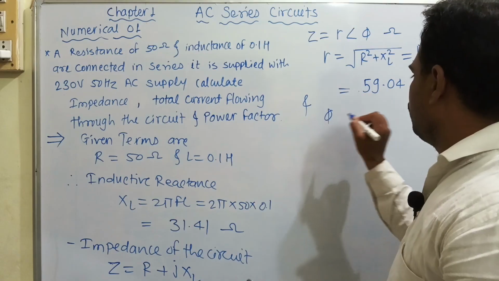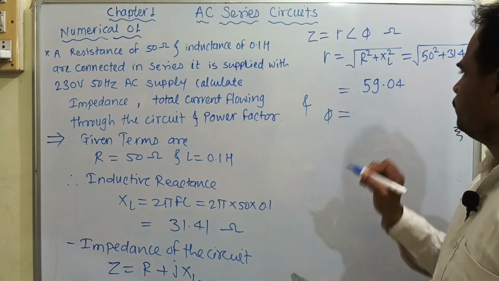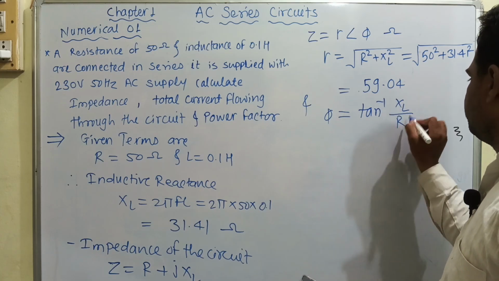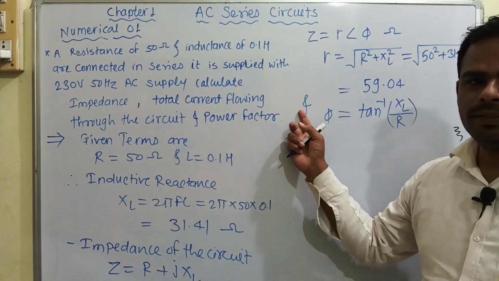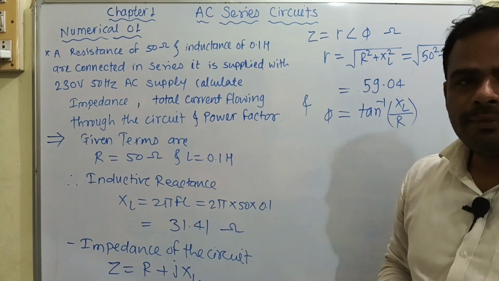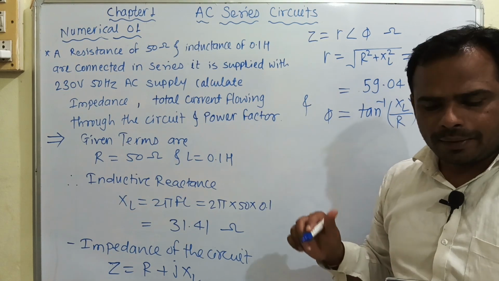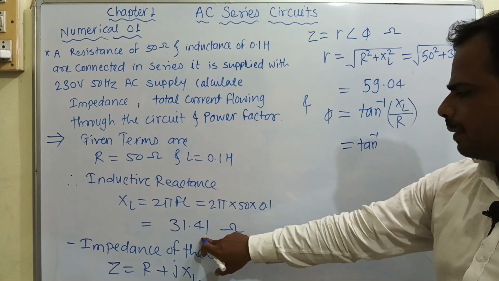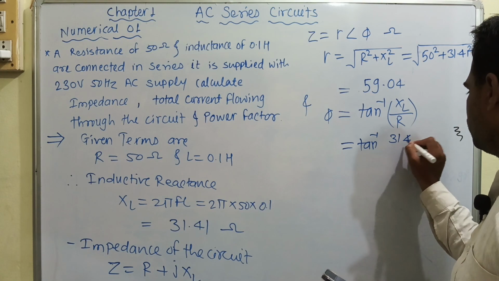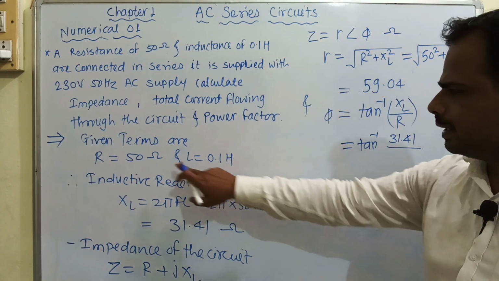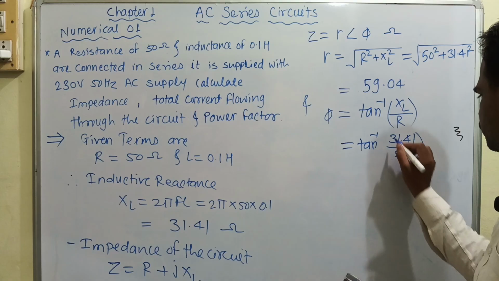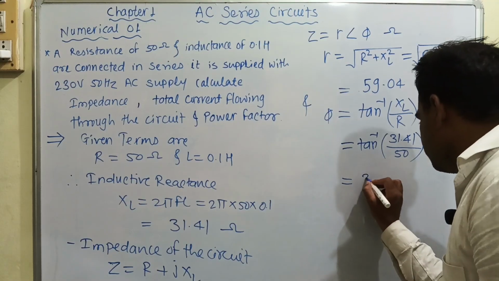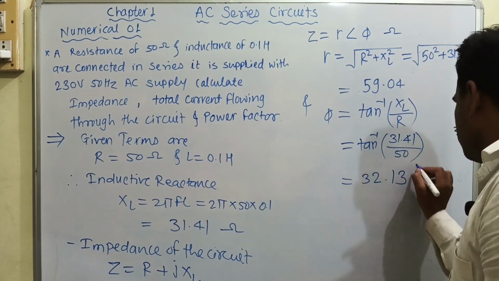And phi is equal to tan inverse XL upon R. By putting values, tan inverse of 31.41 divided by the value of resistance, 50 ohm. We get the answer 32.13 degree.